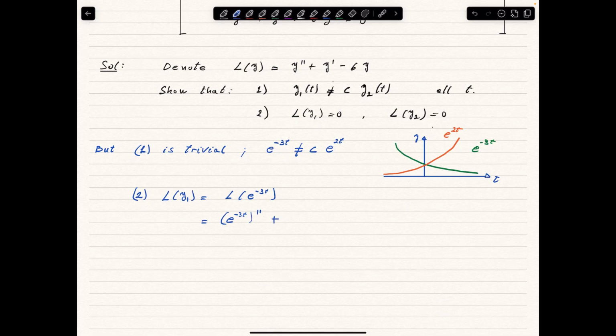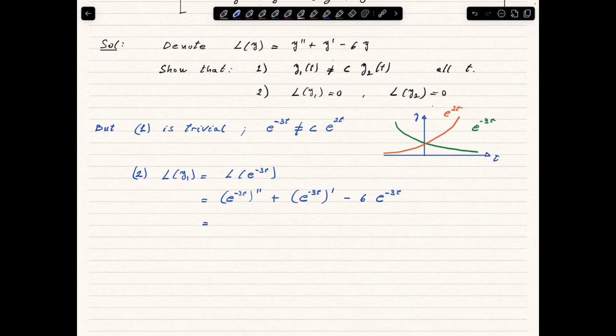Then grab this exponential, negative 3t, and compute one derivative, and then subtract 6 exponential negative 3t. If you remember from the previous part of the video, we have done this calculation. We know what is going to happen, but let's compute it.